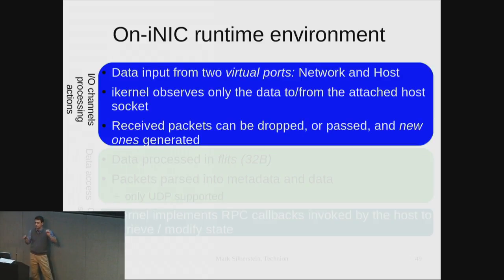So basically rate limiting and multiplexing; this is a shared resource that we need to handle. Another is that the ikernel cannot observe the data that belongs to other processes. And so anything that is going to the socket and from, these are the only packets that the ikernel is going to observe. And now there is this control interface that allows us to draw packets, to create new packets, and to pass them to the other side effectively.